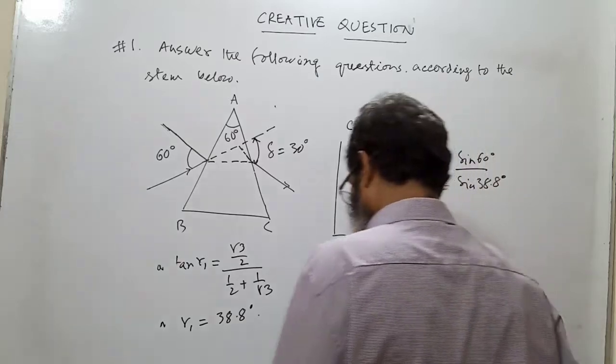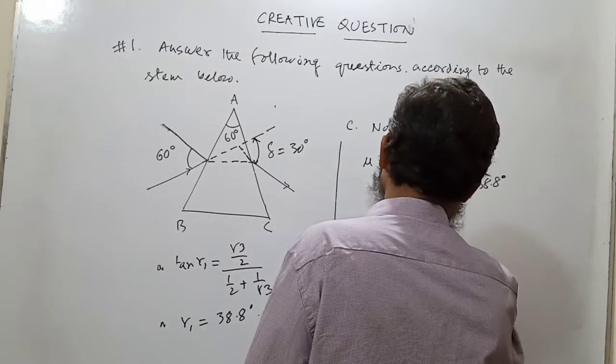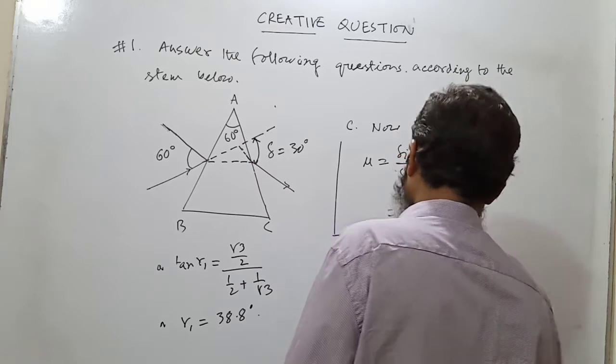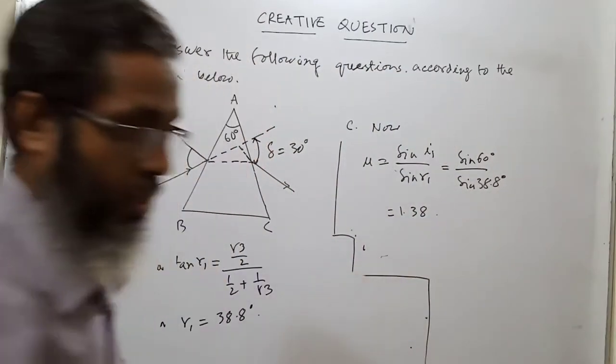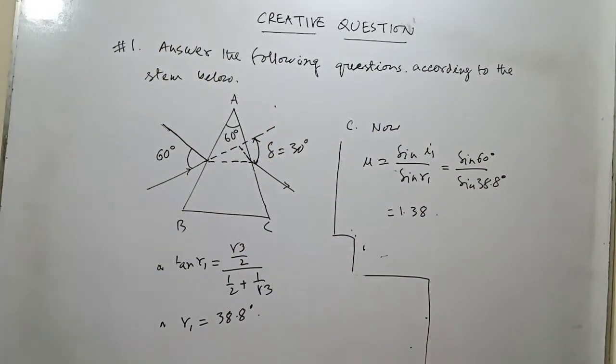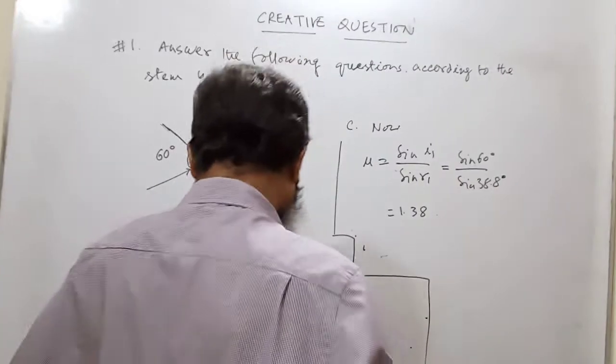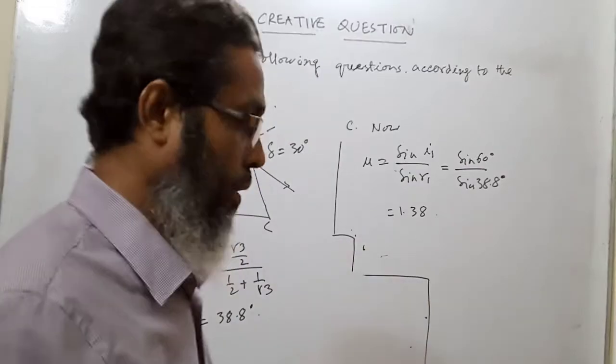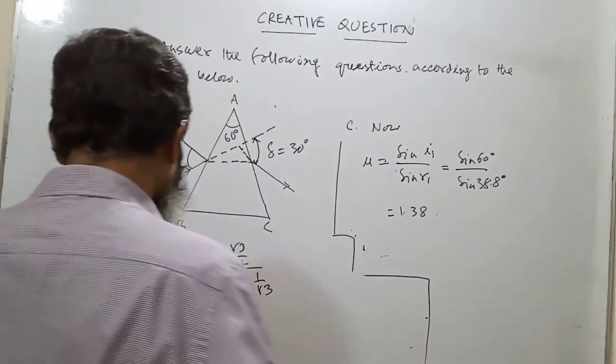So having calculation, we can get the value of mu, that is 1.38. So the refractive index of the material of the prism is 1.38. I think you understood the math. Now we will go for solving question number D.